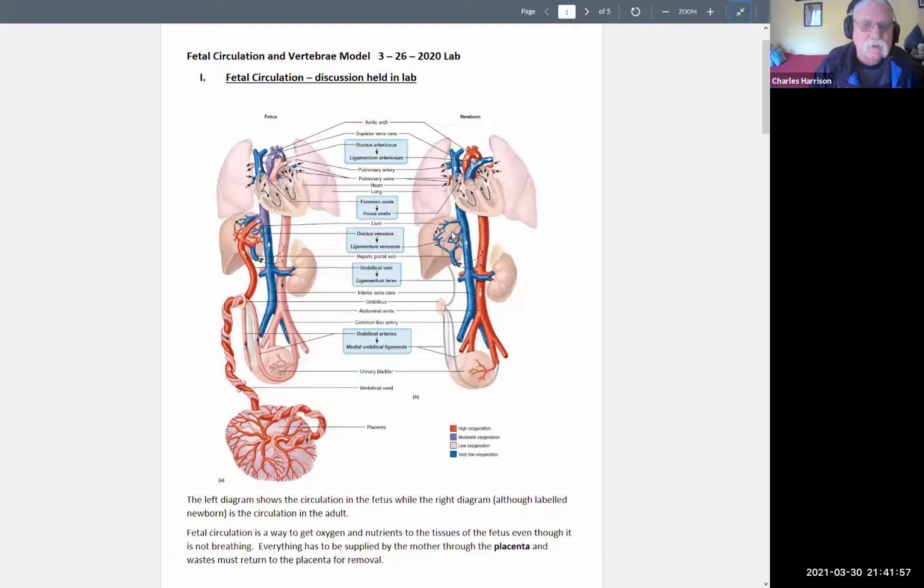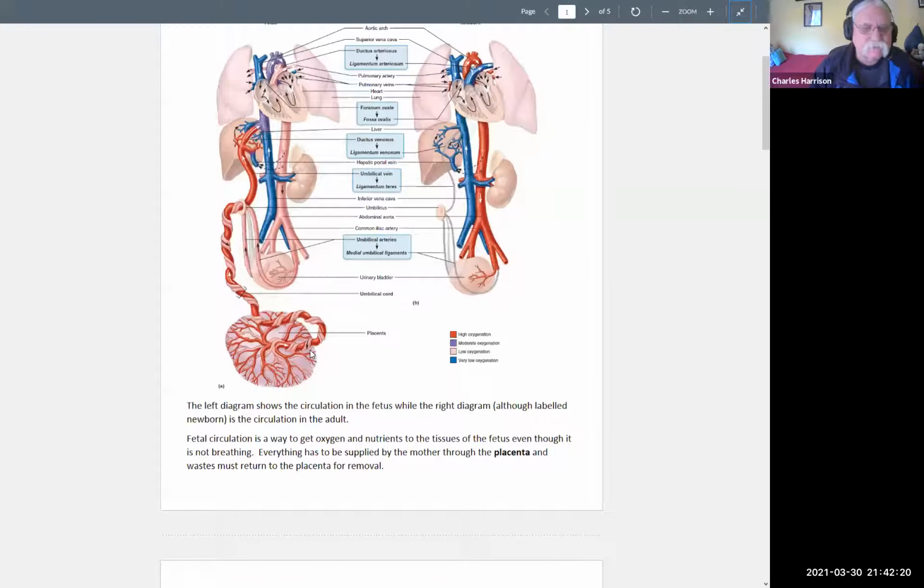On the right-hand side is the circulatory system of the newborn. The circulatory system of the newborn is going to last its entire life. So this is also the circulatory system on the right of the adult. Okay, so before birth and then after birth.